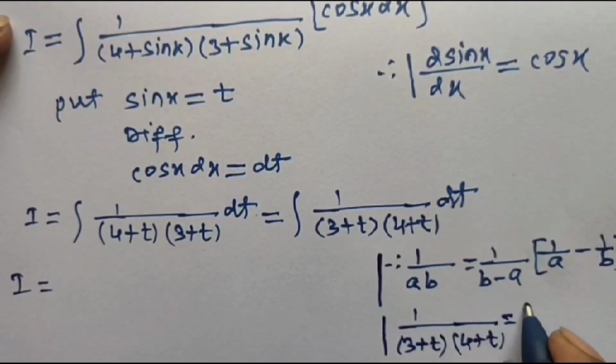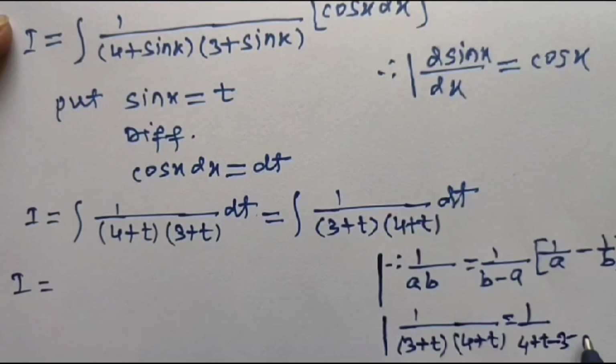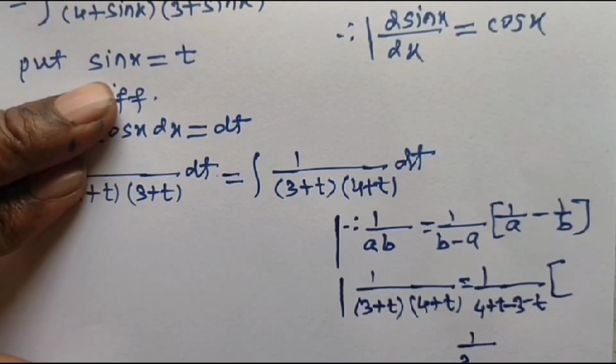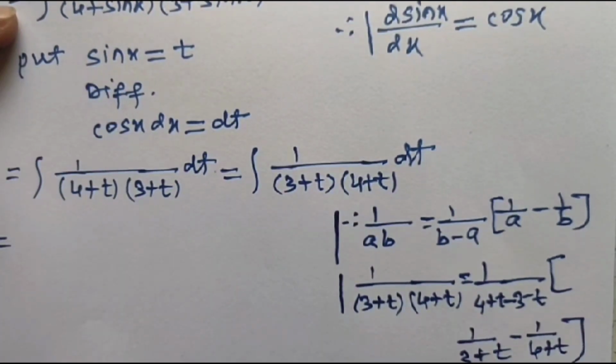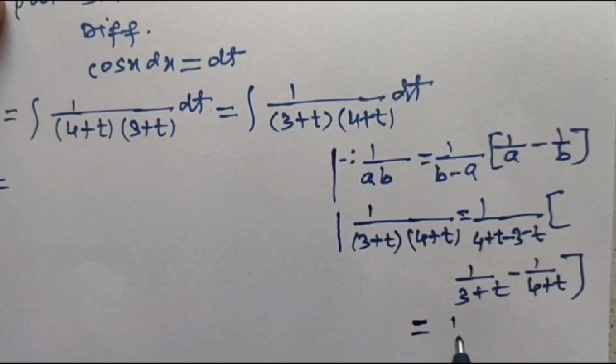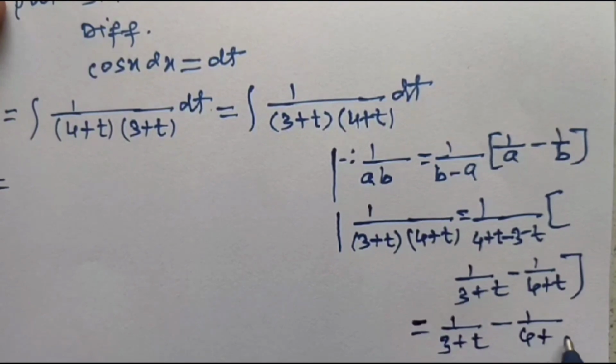This is equal to 1 upon 4 plus t minus 3 minus t into bracket 1 upon 3 plus t minus 1 upon 4 plus t, bracket close. Hence this is equal to 1 upon 3 plus t minus 1 upon 4 plus t.